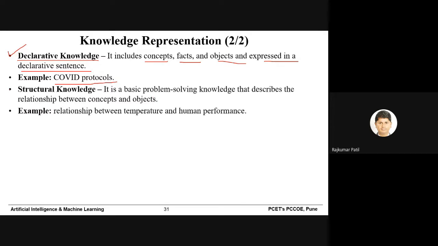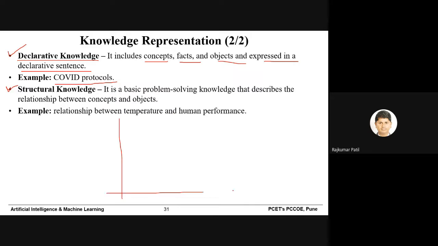The second type is structural knowledge. It is basic problem-solving knowledge that describes relationships between concepts and objects. The structural knowledge identifies the relationship between the variables and accordingly the knowledge base is developed. For example, the relationship between temperature and human performance.